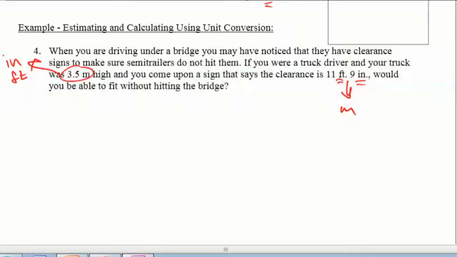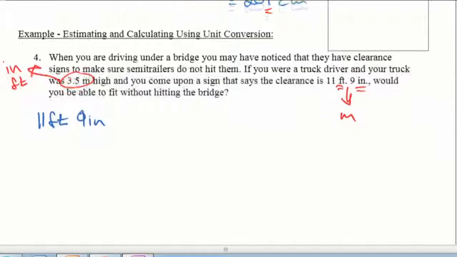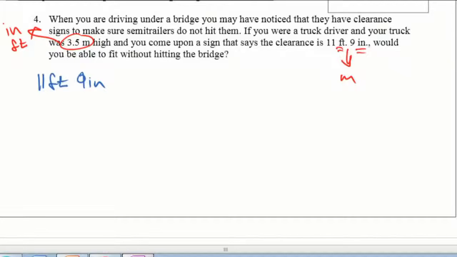So I'm going to start with 11 feet 9 inches. And much like the last question, the 6 feet 7 inches thing, we need to make sure that we have just one number here. So not feet and inches, but maybe just inches. So I'm going to take my 11 feet and convert this. I know I have to get rid of feet, so I'm going to put it on the bottom. I have inches on the top.